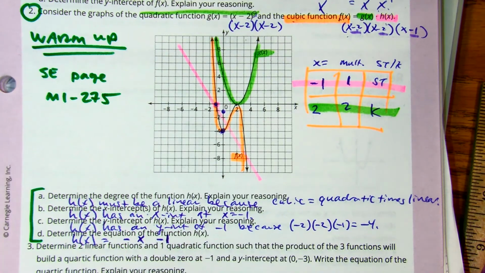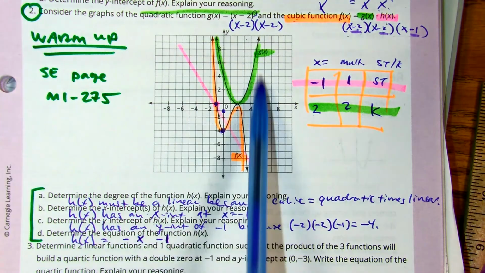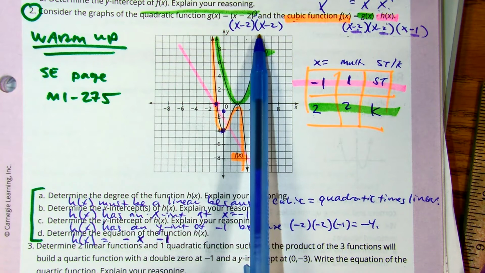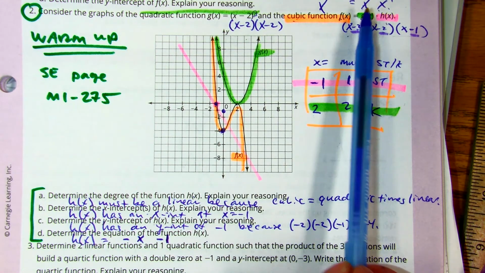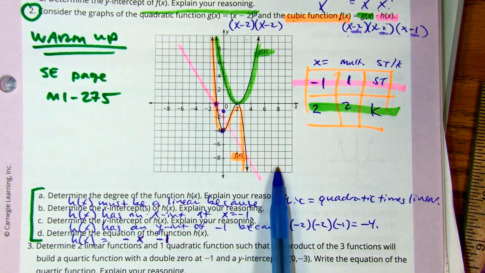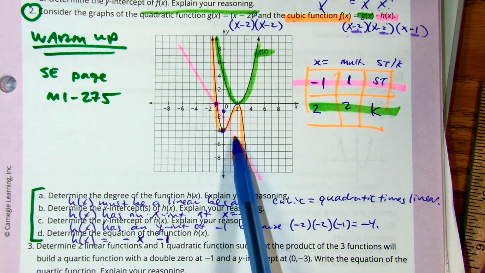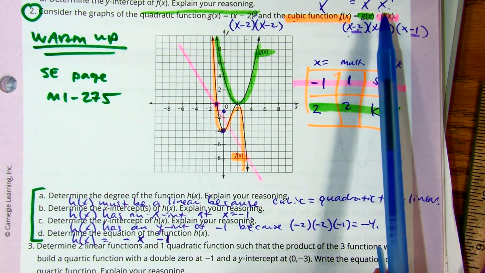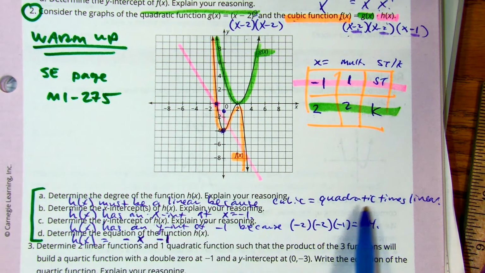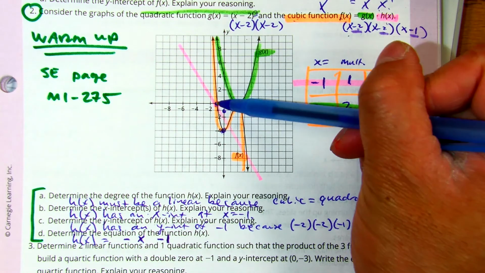So based on the facts of the problem, we have a given quadratic. They've given us a cubic in orange. And we figured out that if a quadratic times a linear equals the cubic, then I can look at the properties of the cubic. We deduced that because this is quadratic, h of x must be a linear. We know that the x-intercept is -1 because our graph goes through -1 by using this chart.